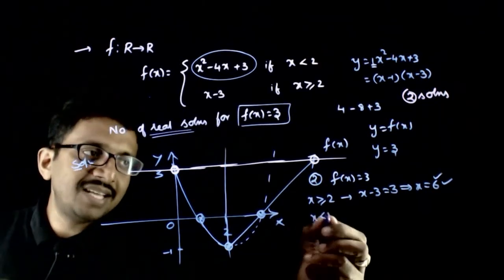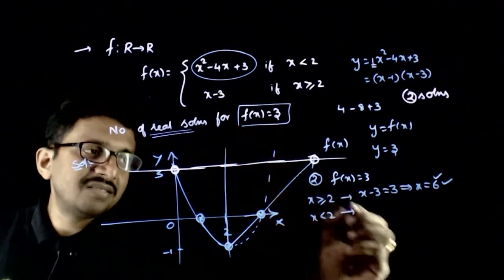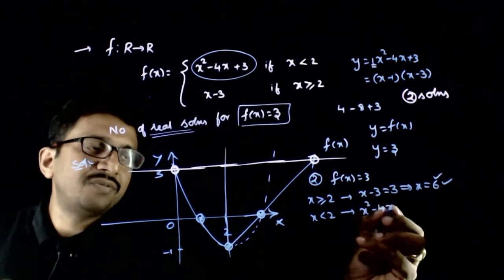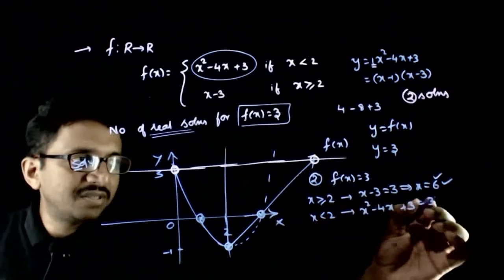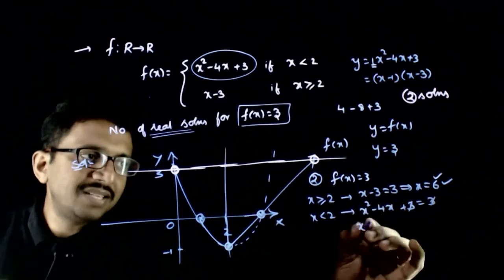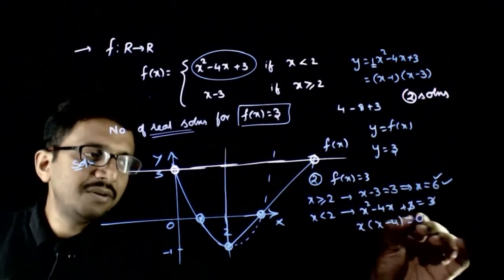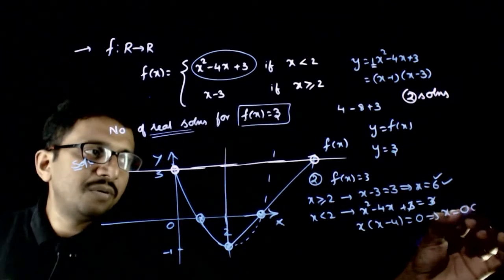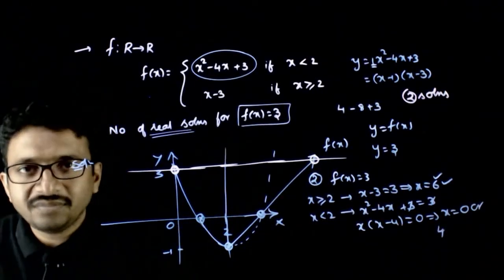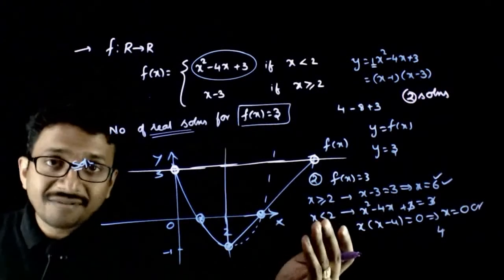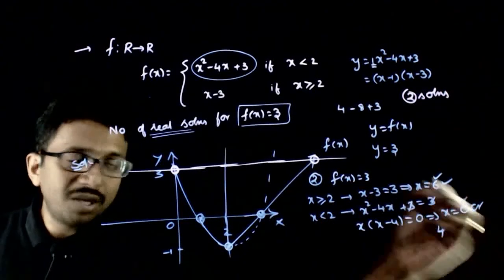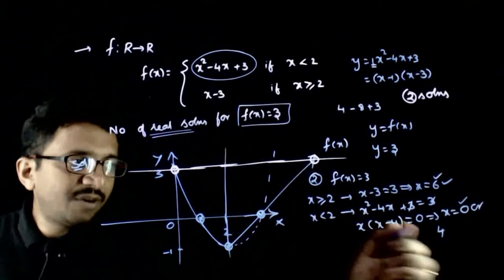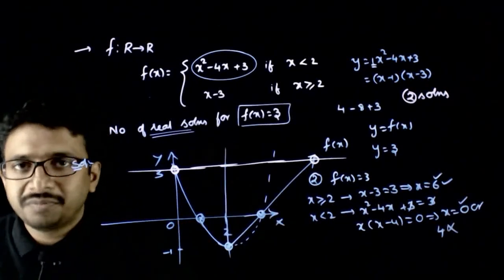And when x is less than 2, f of x is x square minus 4x plus 3, and this should be equal to 3. So this 3 and 3 get cancelled. So x into x minus 4 is equal to 0, which implies x is equal to 0 or 4. We have solved it in x less than 2. x is equal to 0 is valid because 0 is less than 2, but 4 is not valid because 4 is greater than 2.